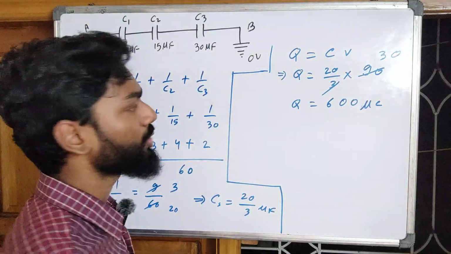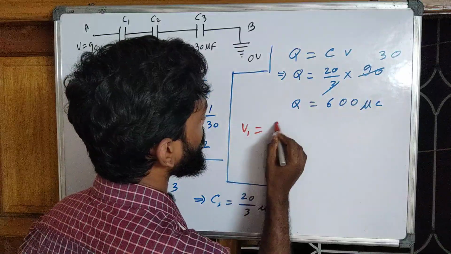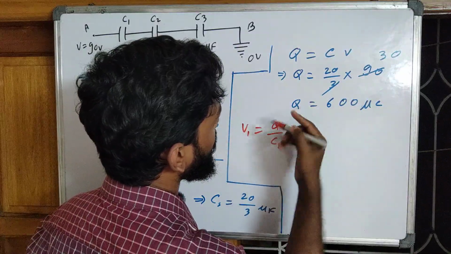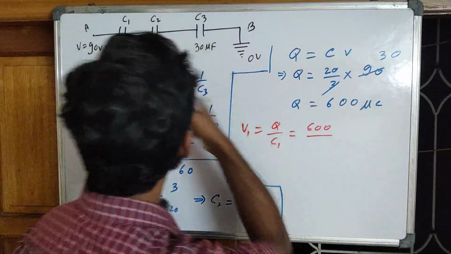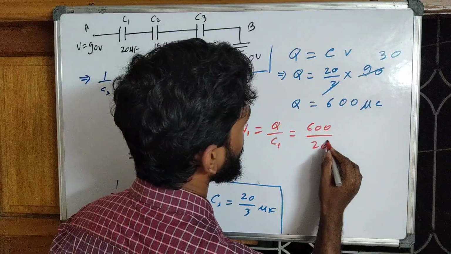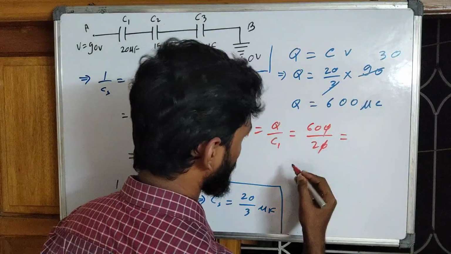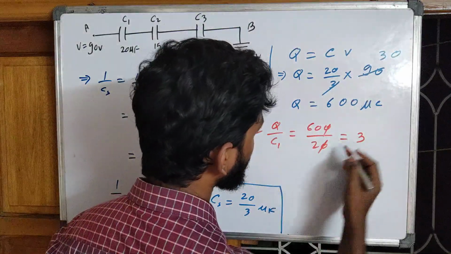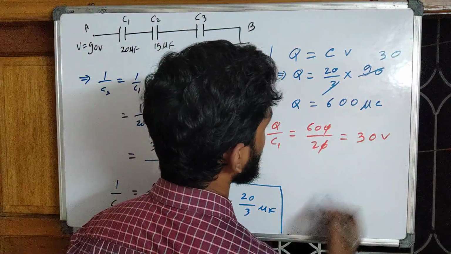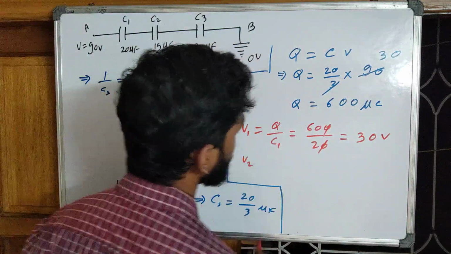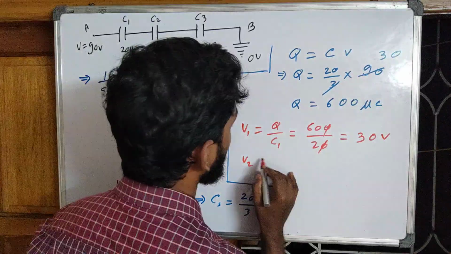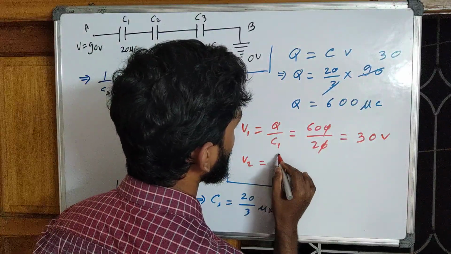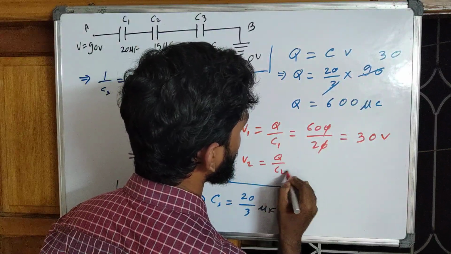What's voltage? V equals how much? Q by C. V1 equals Q upon C1. Q is 600, C1 is 20. So 30 volt. And V2 equals Q by C2.